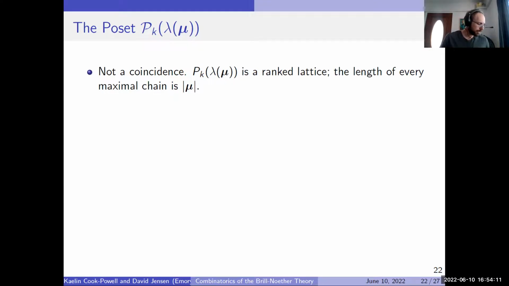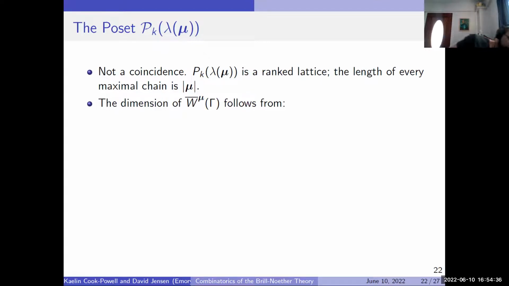To work towards that, just as a note, because we're looking at a subinterval of a ranked lattice, a full lower order ideal, this is also going to be a ranked lattice, and the length is equal to the rank of that element in the poset. And it turns out that the rank of this element is equal to the magnitude of the associated splitting type.